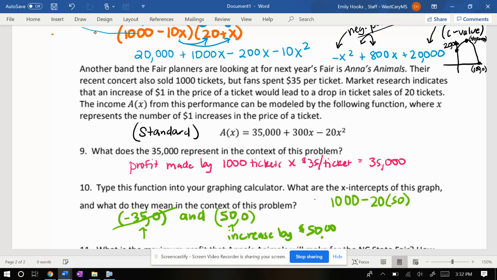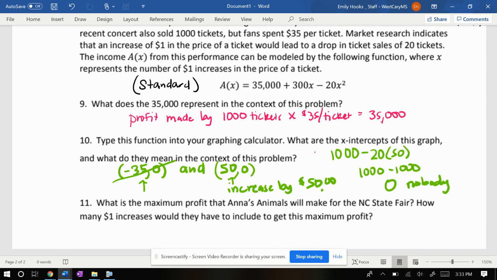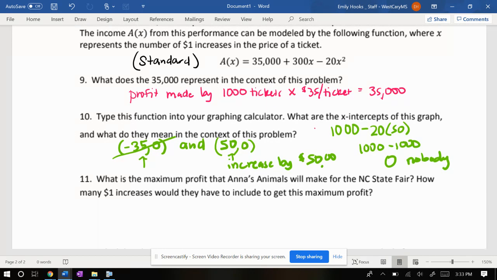So if we increase it by 50, well, as you can see, that's 1,000 people. Take away 1,000 people. That means that nobody is coming. Well, then you're not going to make any money. So you'll break even and make $0. So that's where the $50, you're going to make no money. So no profit, I guess, is the biggest thing to take away from that.